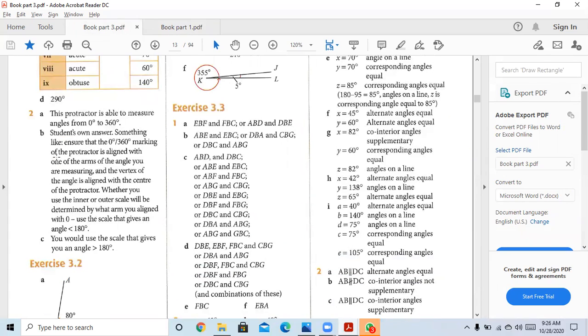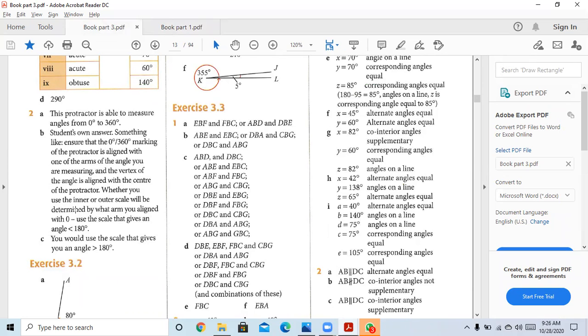Here is the answer to question number 2. This protractor is able to measure angles from 0 to 360. The second part is your own answer, but if you want to write, you ensure that the 0 or 360 marking of the protractor is aligned with one of the arms of the angle you want to measure, and the vertex of the angle is aligned with the center of the protractor.